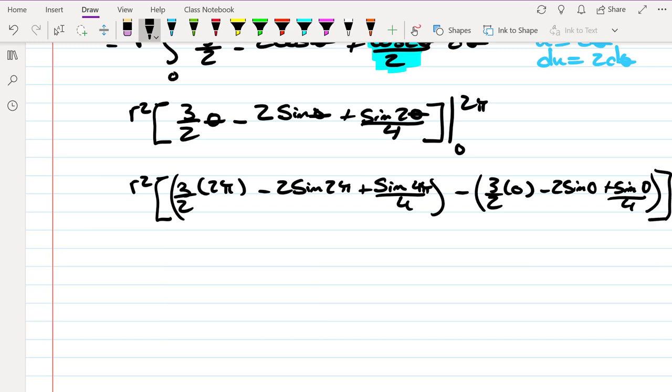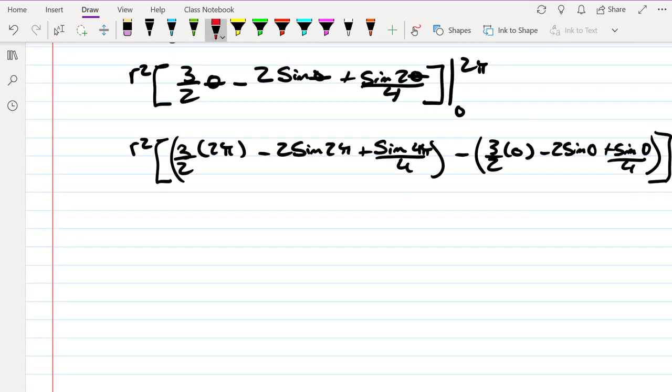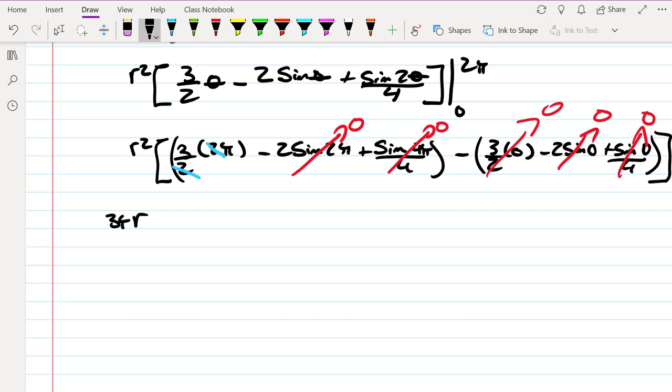All of those terms being 0. Also, any multiple of pi for sine is 0. All of those are 0. So then in the very first one, the 2 and the 2 cancel, and we get 3 pi r squared for our final solution.